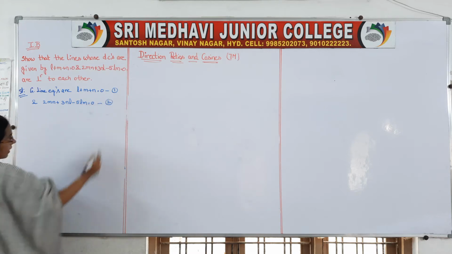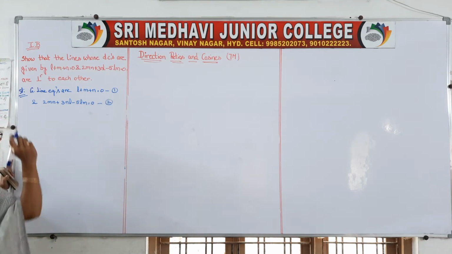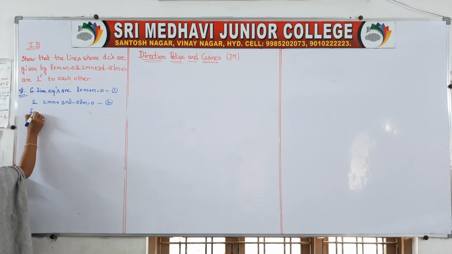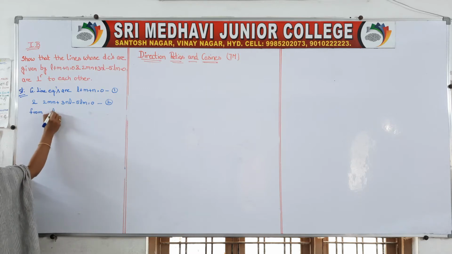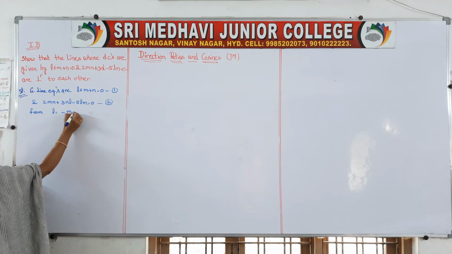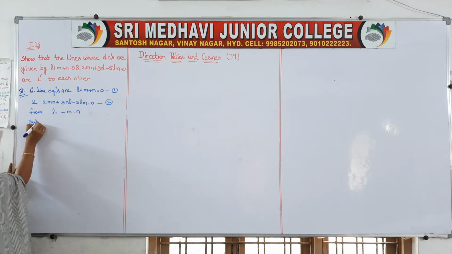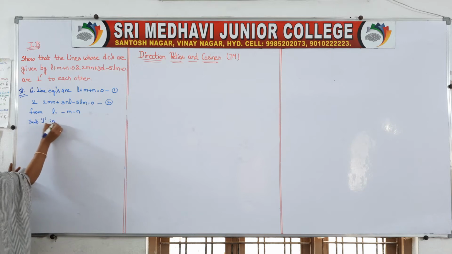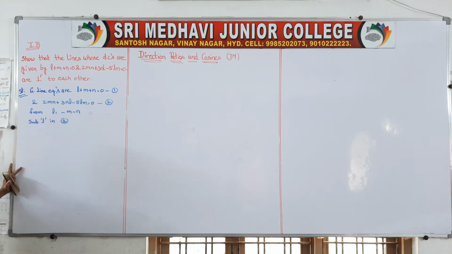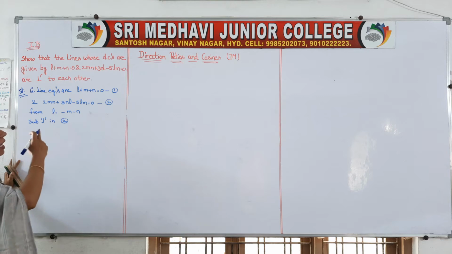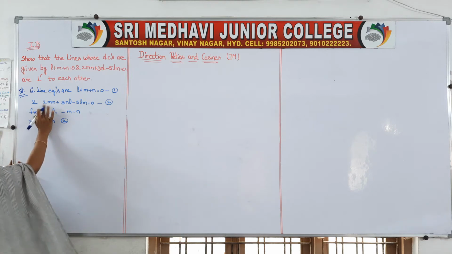This is our second equation. So from 1 you take l is equal to minus m minus n. So substitute this l value in the second equation. Wherever l is there, minus m minus n we have to substitute.